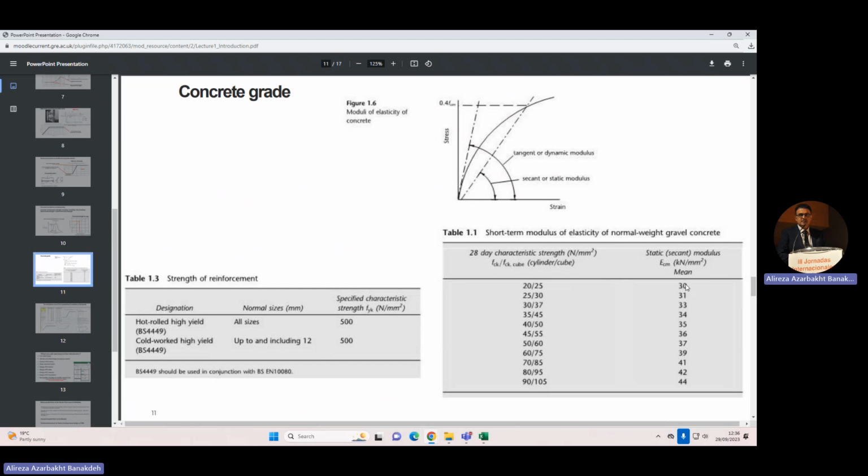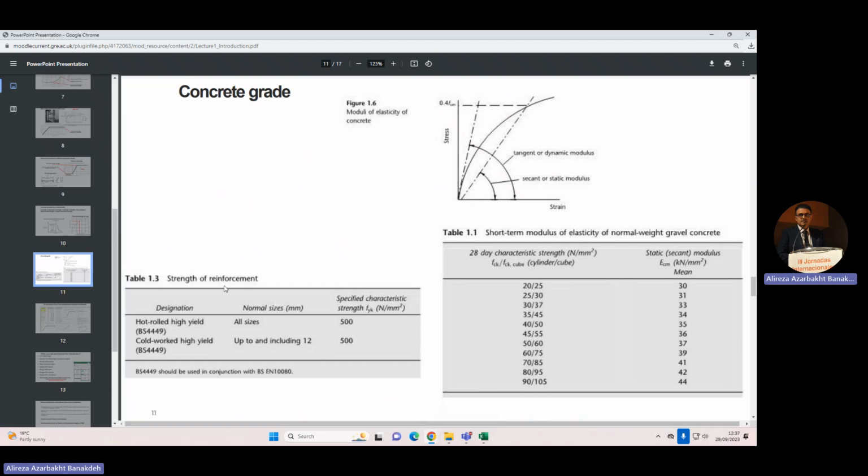This table only indicates that if you go for upper grades of concrete, the modulus of elasticity will be more. It means that it's tougher. It's just to indicate that the modulus of elasticity is not constant for all of the concrete grades.